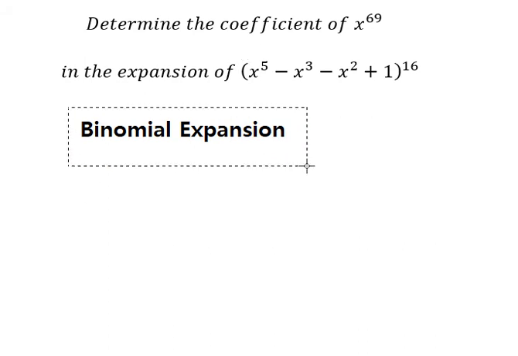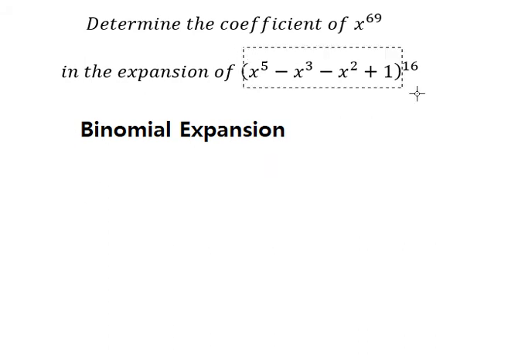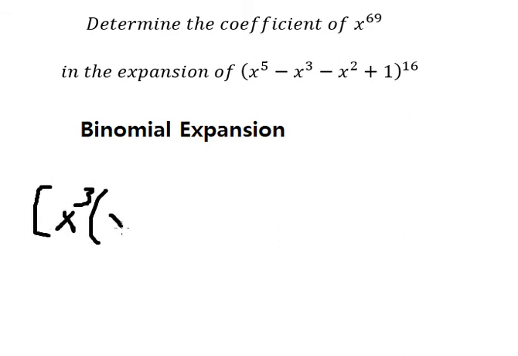Before using this, we need to do factorization in here. So we can do factorization by s to the power of 3. Next, we can do another factorization by negative 1.